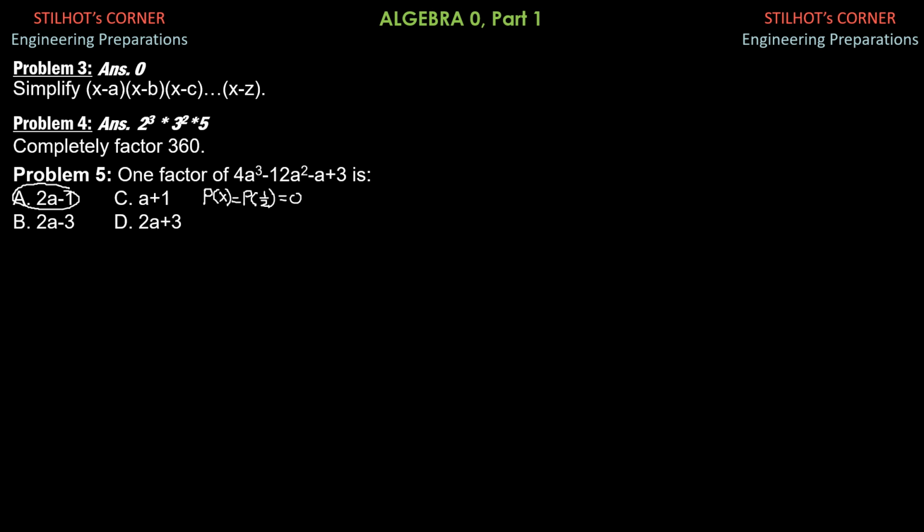Then another technique is using your high-tech calculator. Using it, you find the roots of the polynomial by pressing mode 5, then 4 for the cubic function. So we have a = 4, b = negative 12, c = negative 1, and d = 3.